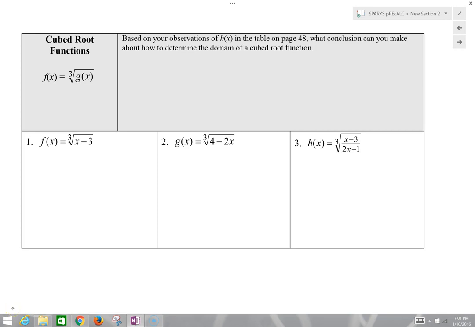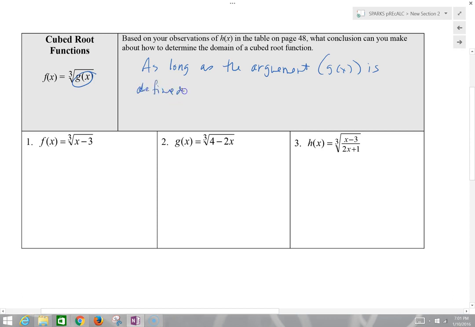So cube root functions, the domain is all reals as long as g of x is defined everywhere. So as long as the argument, we're calling g of x, is defined, then the domain is all reals.